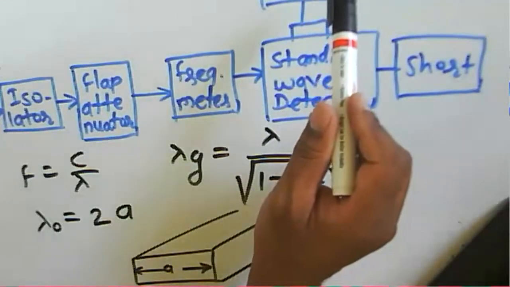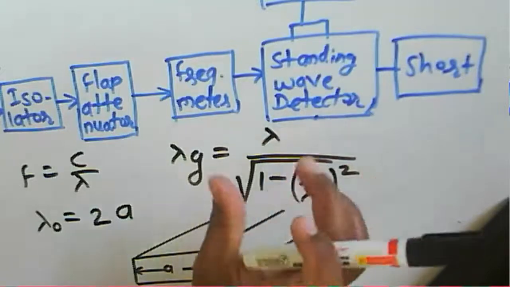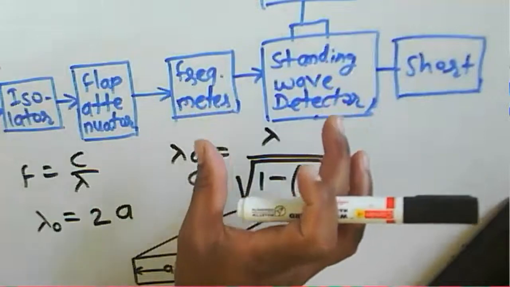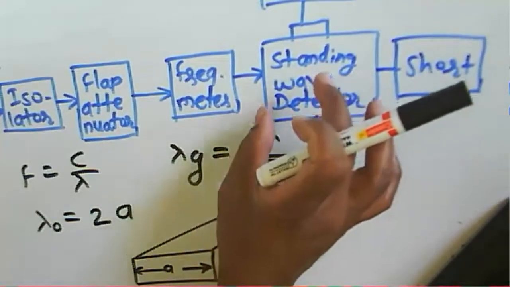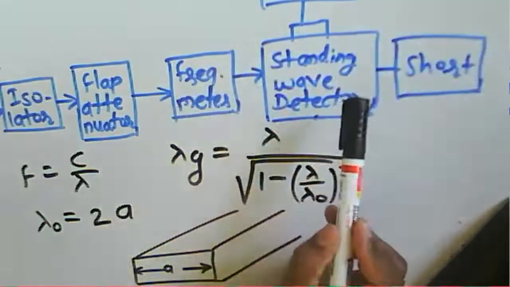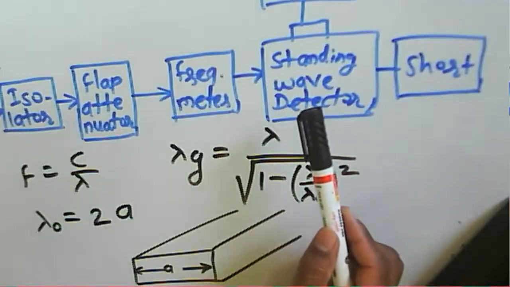Okay, so we consider that the output of the tunable probe of the standing wave detector is connected to the VSWR meter. And then we need to find the distance between two minima. On the VSWR meter, we find two minima. How do we find the two minima?